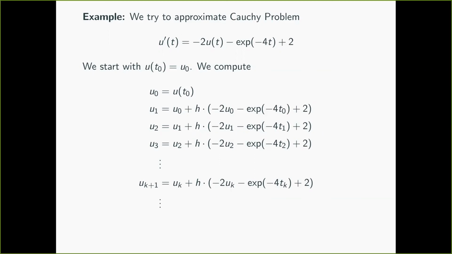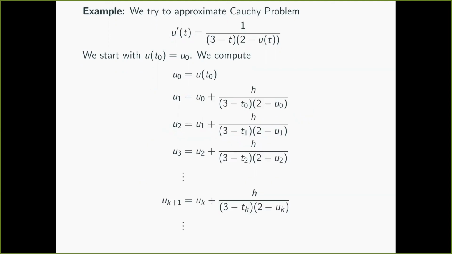Now u2 is equal u1 plus h times -2 u1 minus exponential of minus 4 t1 plus 2. And generally, uk plus 1 is equal uk plus h times -2 uk minus exponential of minus 4 tk plus 2.